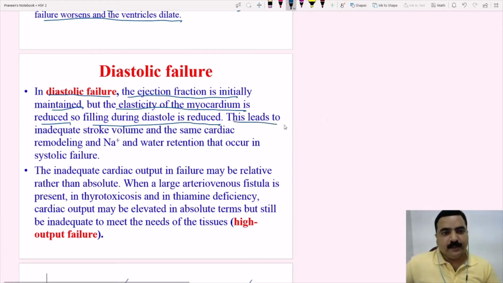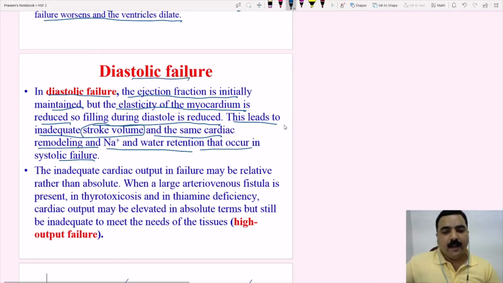This leads to inadequate stroke volume, the same as in systolic failure, and the same cardiac remodeling and sodium and water retention that occur in systolic failure will happen. Whether it is systolic or diastolic failure, both will happen. It starts with the sympathetic system, then goes to the RAS, and sodium and water retention happens. So that is diastolic failure.